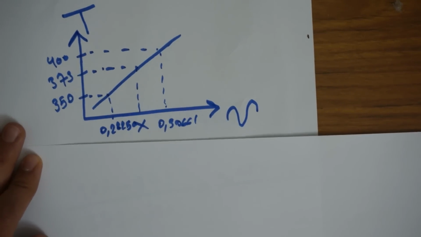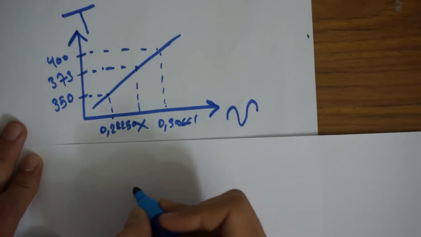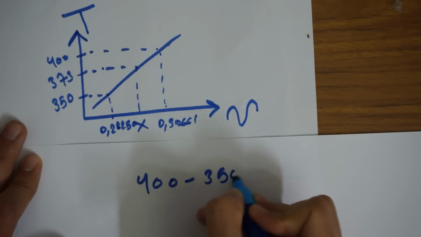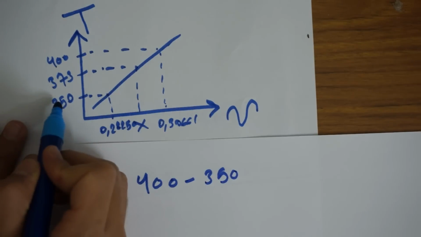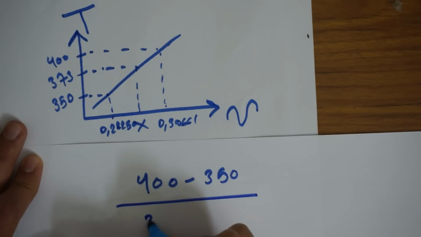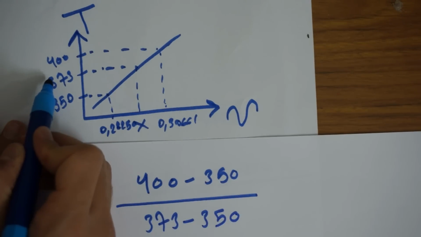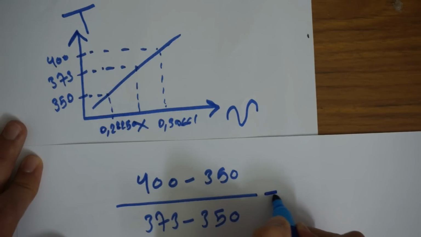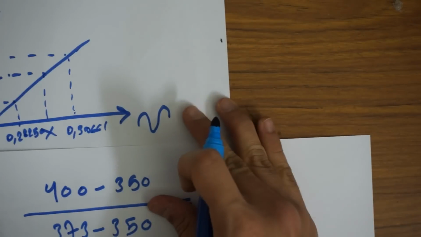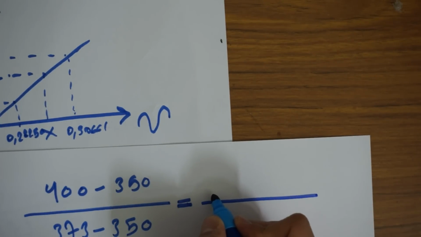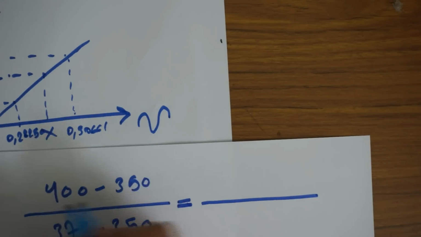Now I need to write an equation based on my figure. I always do it this way. I write 400 minus 350 divided by 373 minus 350 equals the corresponding values of v at these temperatures.